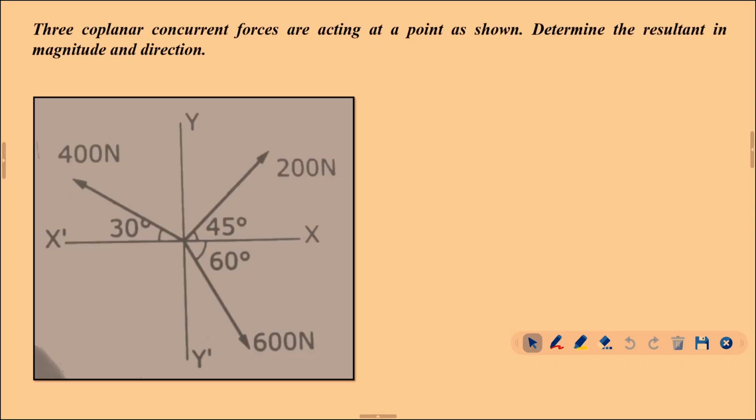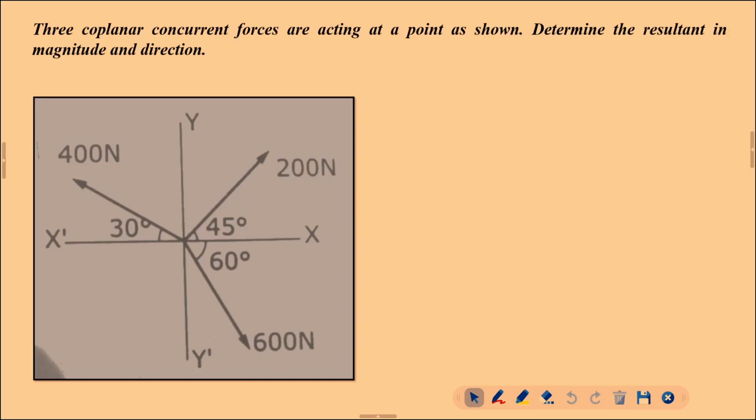Now, consider this. We'll see one example where all three forces are acting away from the point. In the previous case, we saw all four forces acting towards the point, right? Now, we'll solve one case where all three forces are acting away from the point. Before resolving this case, understand that this belongs to coplanar, in a single plane.